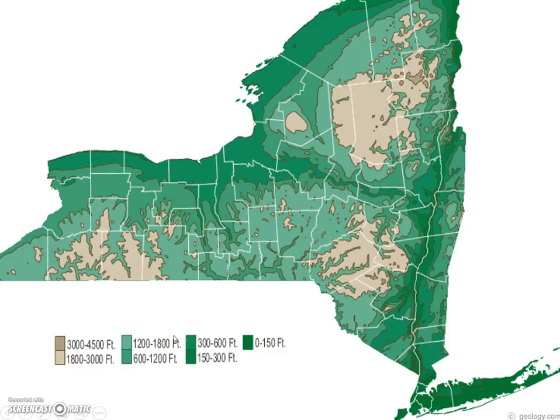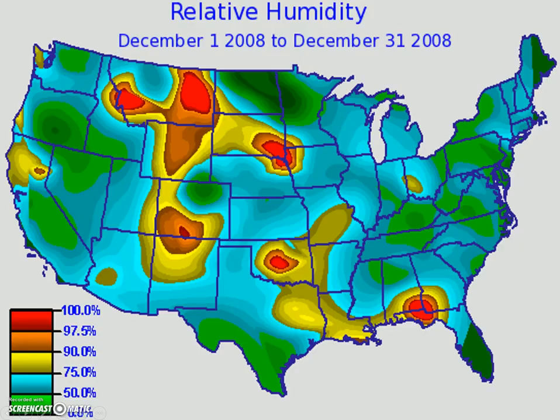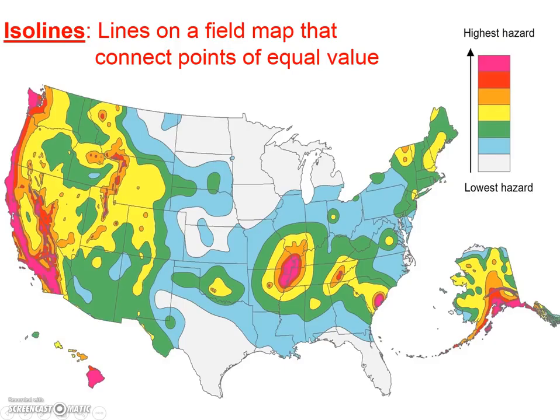Every place in New York has an elevation, so that's a field. We could measure wind speeds. We could measure how much snowfall is expected at different points when we have a winter storm. We could measure the relative humidity. So anywhere in the United States, any single point in our country, we could measure the relative humidity. So those are all fields.